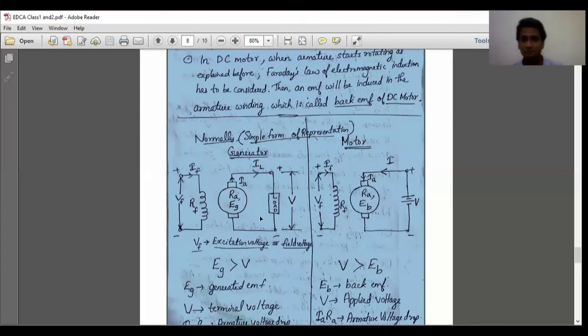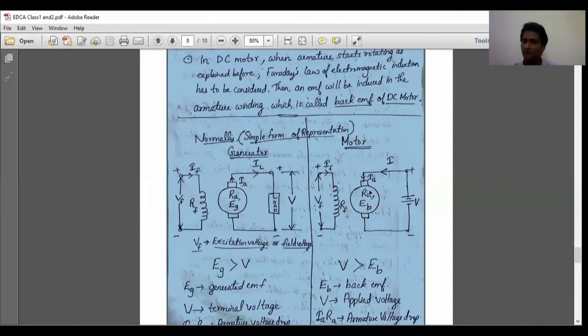Then consider a motor in which a field winding is there. We are giving a supply voltage of VF, and IF will be flowing through the field winding, and the field winding resistance is RF, and I have an armature which is a current carrying conductor. That is the case of a motor.